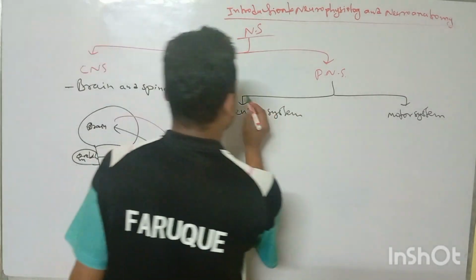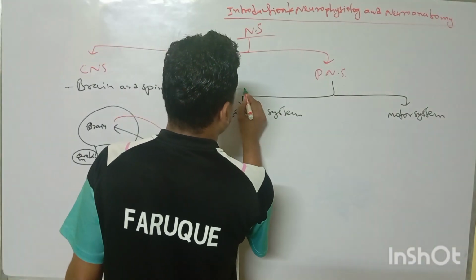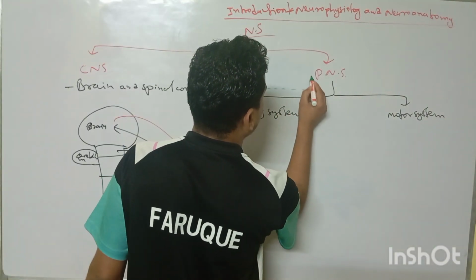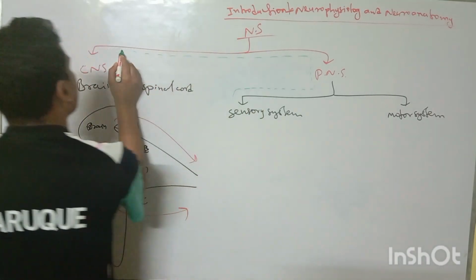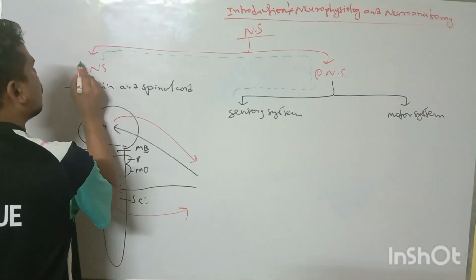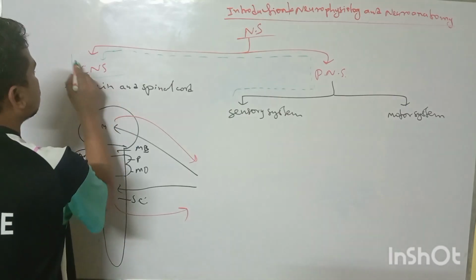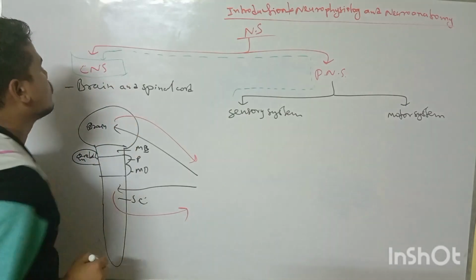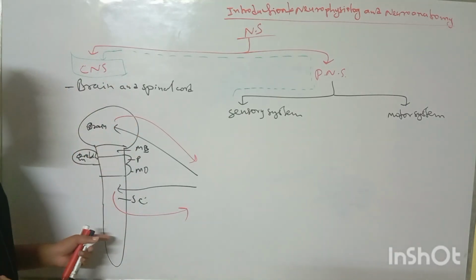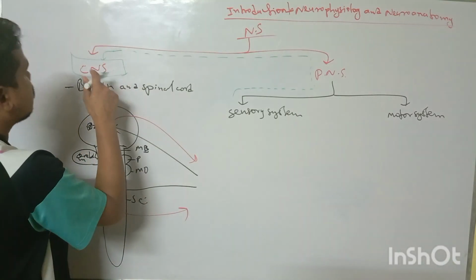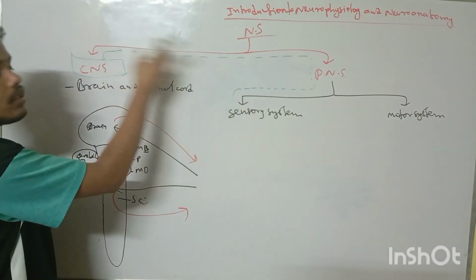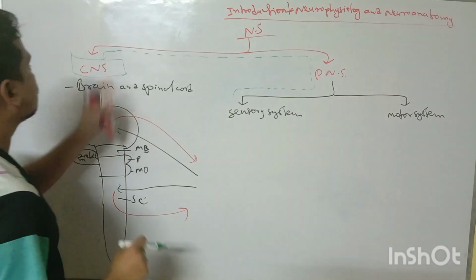Okay, so I will be showing the same thing by green mark. Here what happens is that in the CNS, either brain or spinal cord, information is brought.